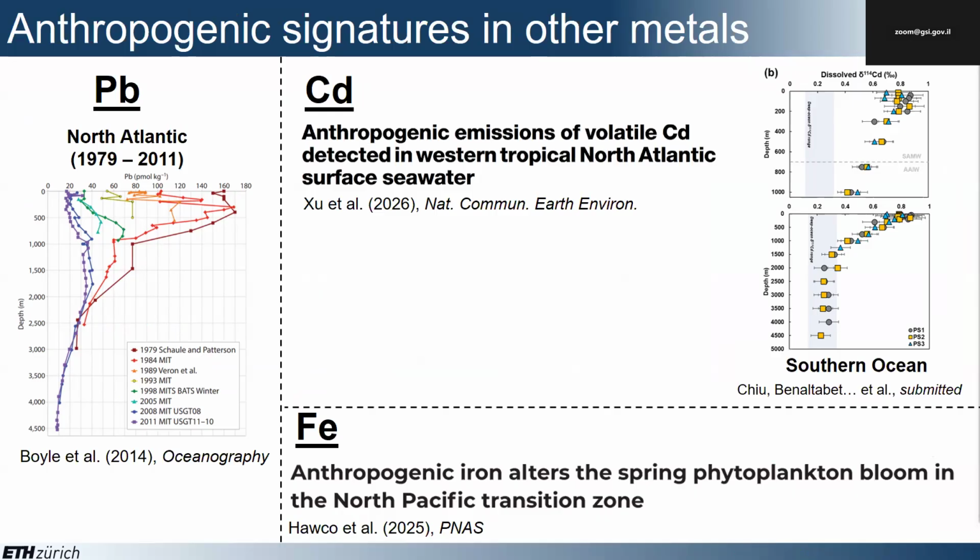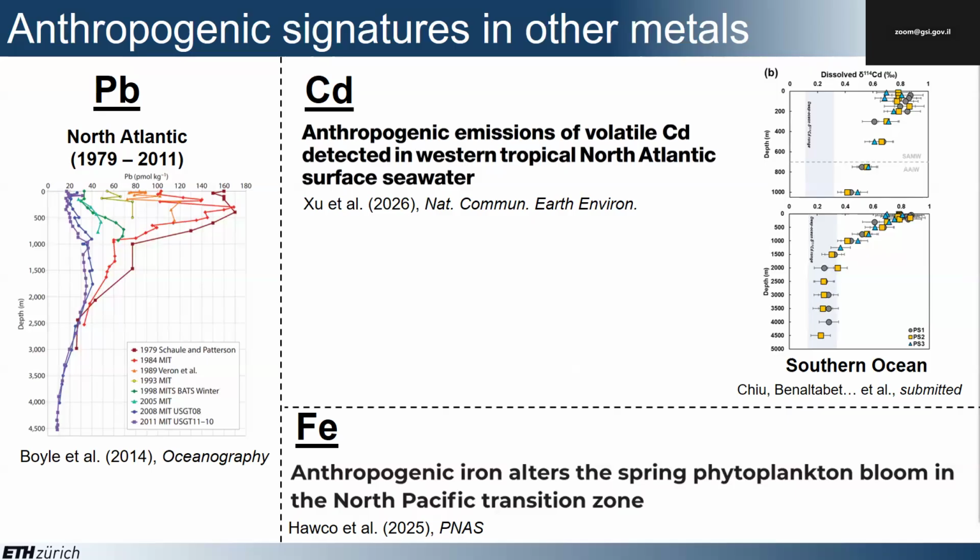And as a result of this lead use, we saw very high lead levels at the surface ocean, but these have been steadily decreasing ever since the ban on leaded gasoline. But still in the oceans today, lead is heavily controlled by anthropogenic inputs. But this is well known.